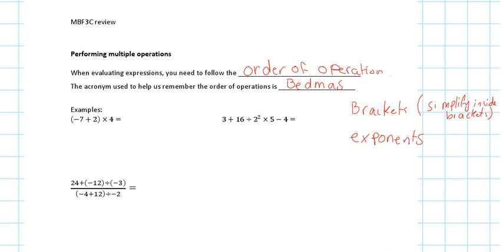Now, division and multiplication, it depends on how they appear in the equation. Whatever happens first in the equation, you're going to do it first. So if multiplication happens first, you do multiplication, then you do division, or vice versa, in the order they appear.